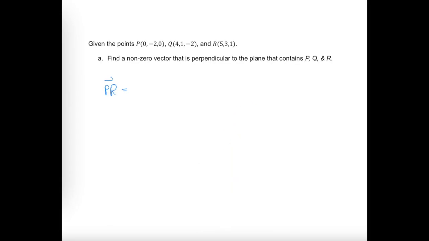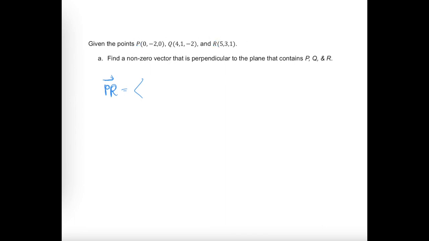So the first thing that we're going to want to do is find vector PR. Starting at P and going to R, remember that when we want to find the vector that connects two points, we subtract the initial point from the terminal point to determine each of the components. So we're going to go terminal minus initial for vector PR.